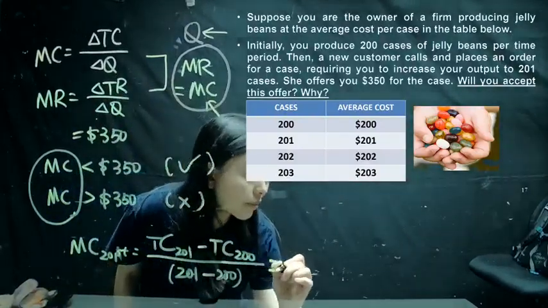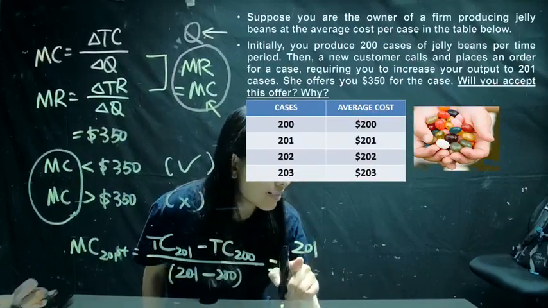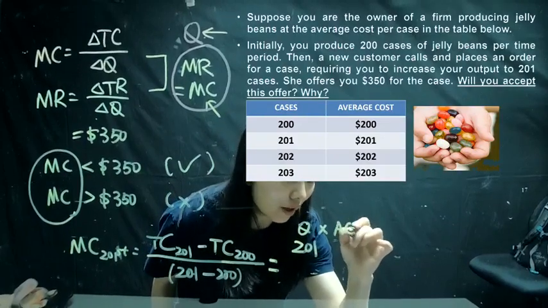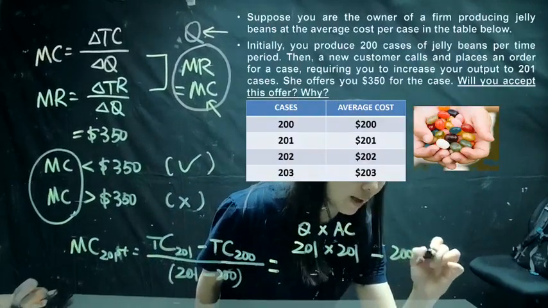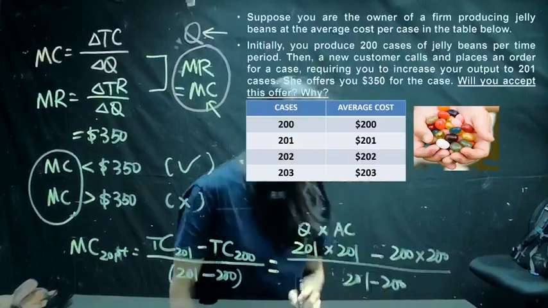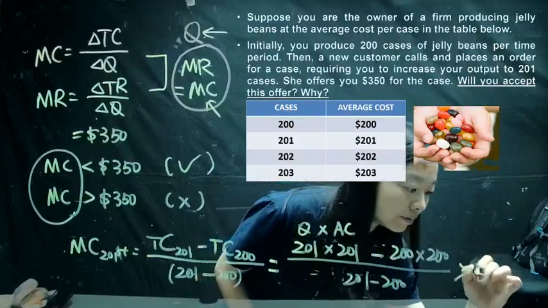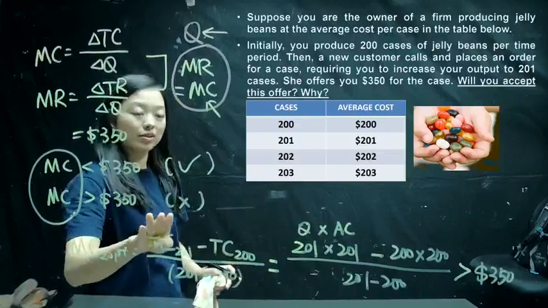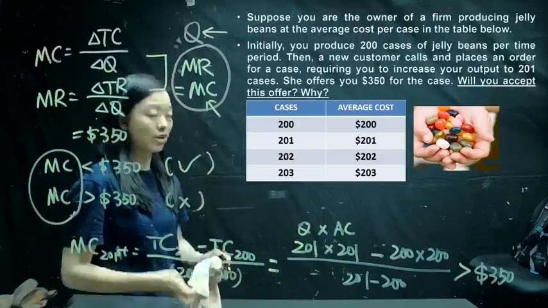The total cost at 201 cases equals the quantity times the average cost, 201 times 201, minus 200 cases times the average cost of 200, divided by 201 minus 200. So finally, you will get a number actually larger than $350. So in this case, you will not accept the offer if you consider marginal cost rather than average cost.